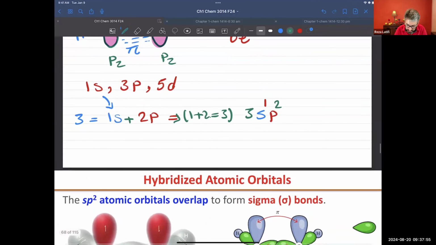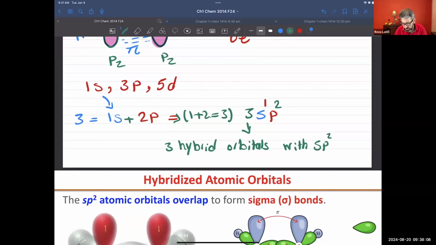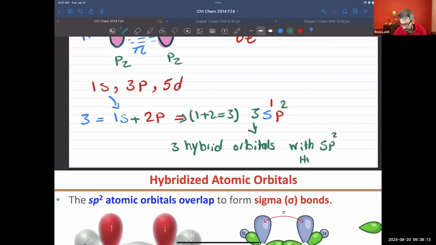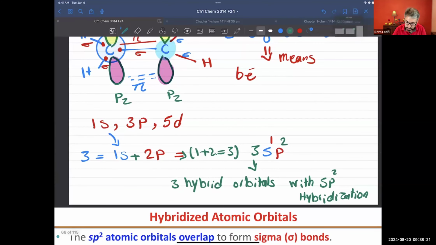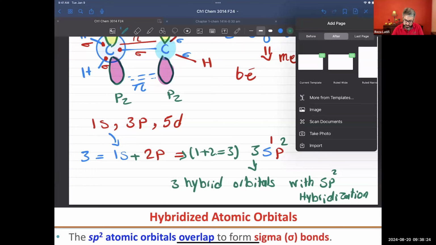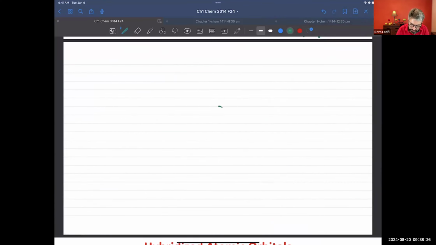So we got 3 hybrid orbitals. The first one is s, the second one is p. From s, we use 1, and from p, we use 2 of them. So we got 3 hybrid orbitals with sp2 hybridization. Now let's show those hybrid orbitals. You have a carbon with 3 hybrid orbitals: 1, 2, 3.